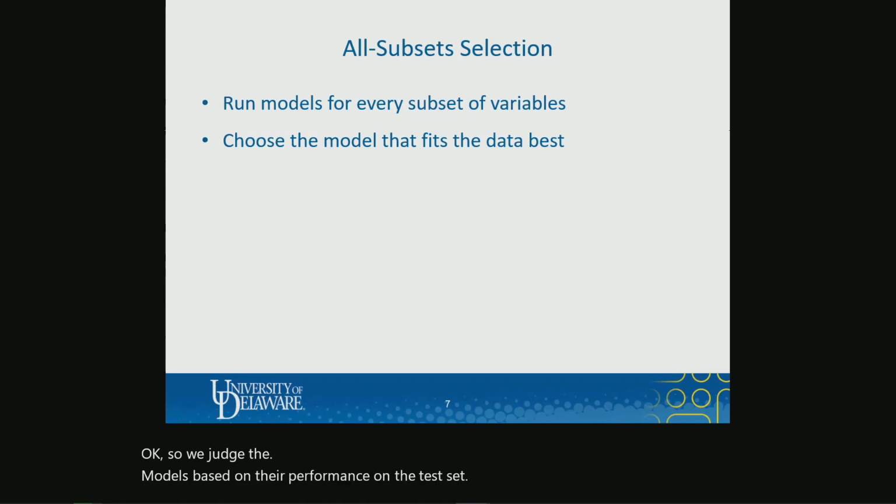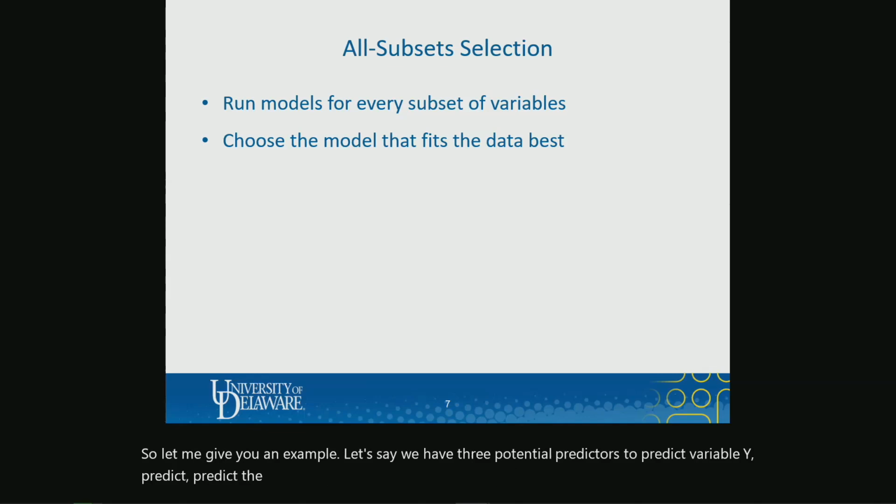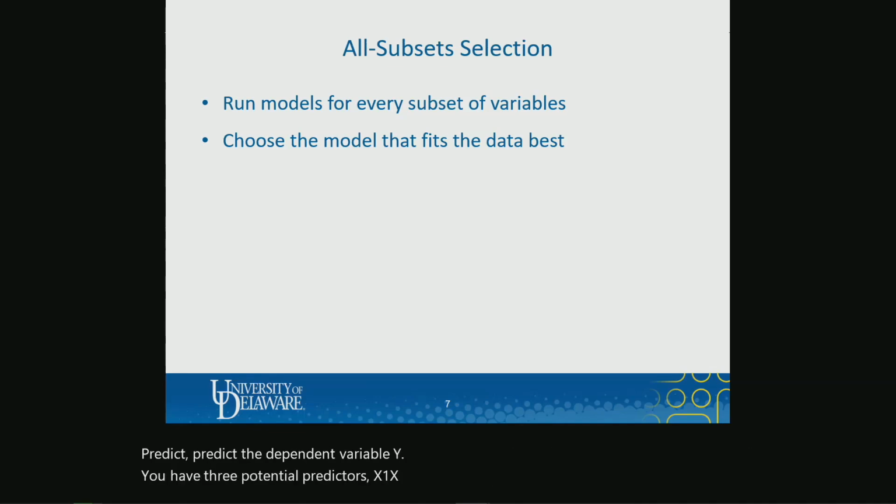So how can we try our subsets? Let me give you an example. Let's say we have 3 potential predictors to predict the dependent variable y. We have 3 potential predictors, x1, x2, and x3. So one subset would be to include all 3.